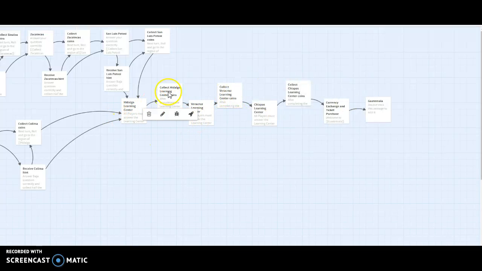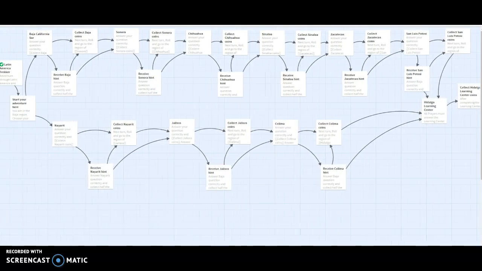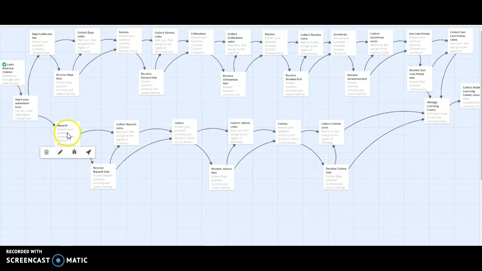The idea is the same as what I've done earlier: if they answer incorrectly, they get the hint, the overview, then they answer it again, then they collect the coin before they move on to the next region.